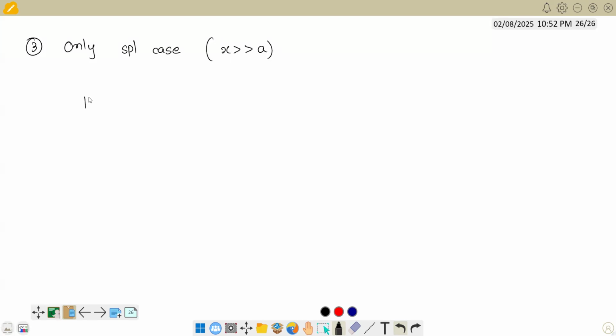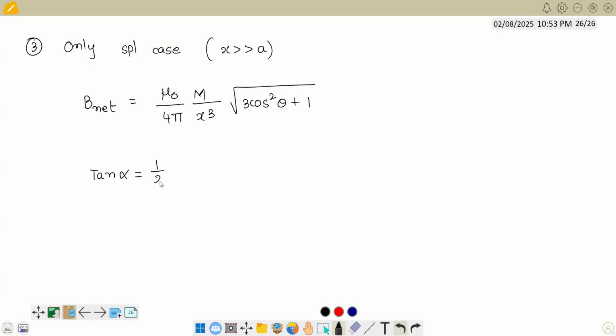So we get B net is equal to mu naught by 4 pi m by x cube into root of 3 cos square theta plus 1. This will be the final result, and the angle is tan alpha equals half of tan theta.